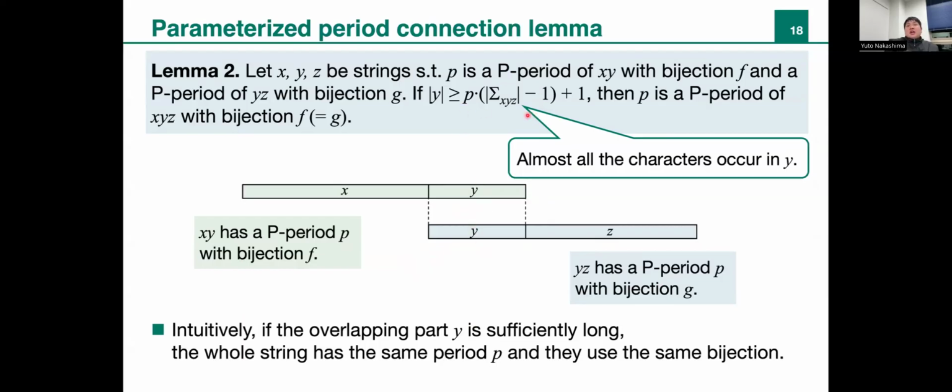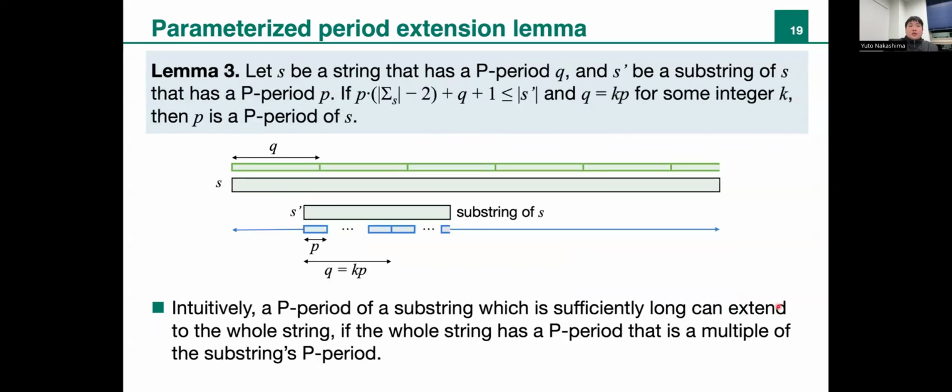This term explains that if we apply the bijection f around sigma times, then y contains almost all the characters. This is a necessary condition for the period connection. This is the intuitive explanation.